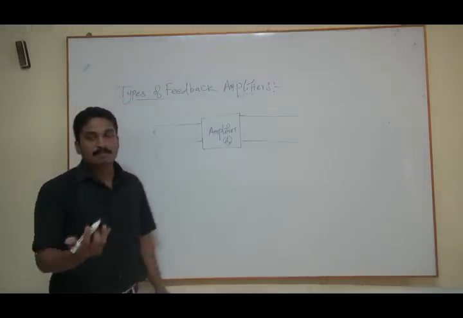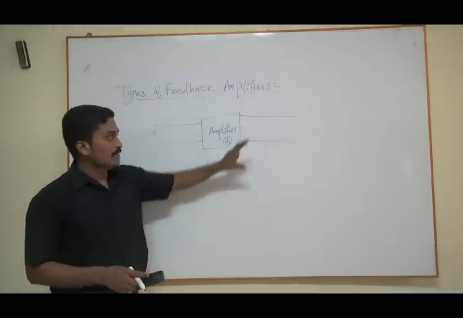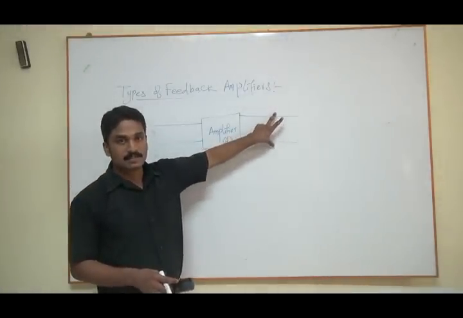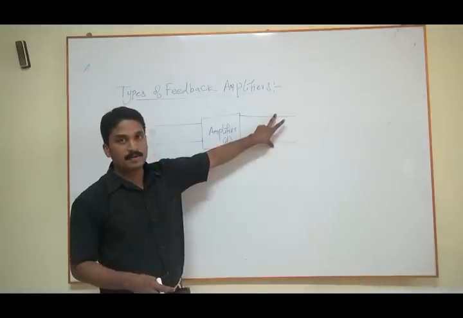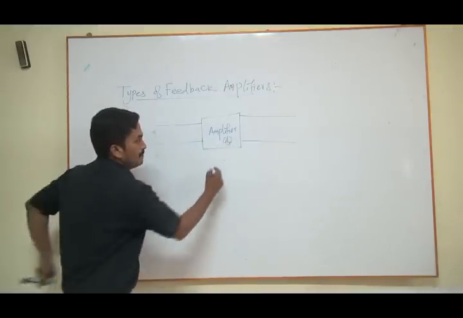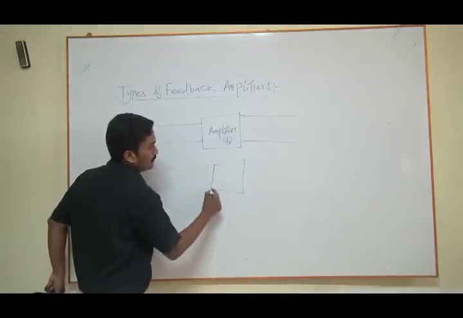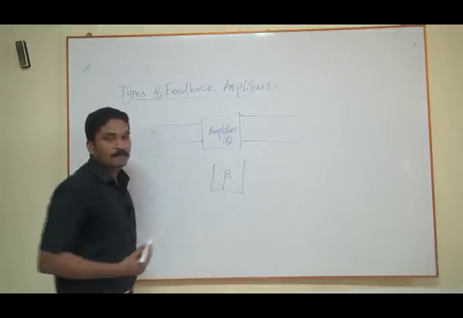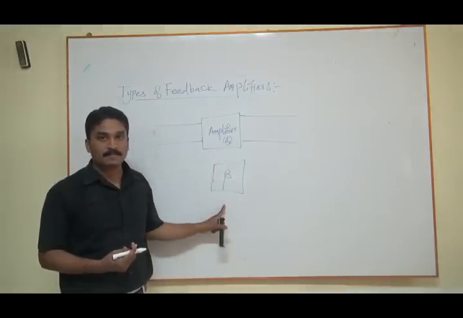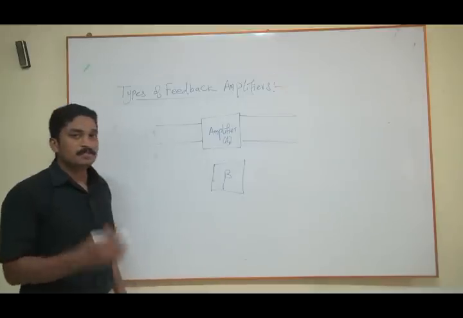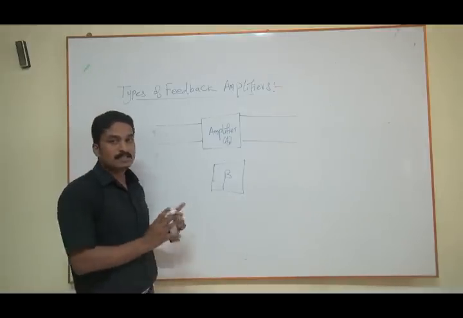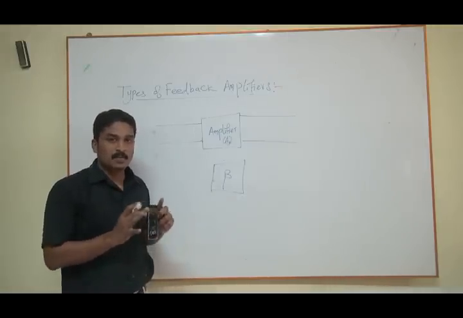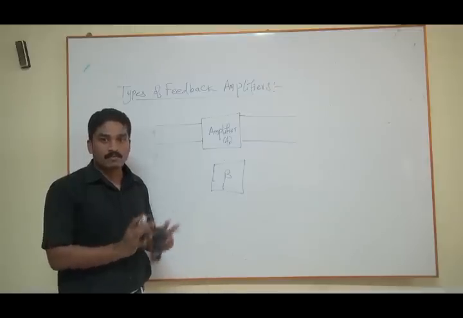And in the first lecture I told you that we have a sampler circuit over here to sample the output signal, and we feed it back to the input side through the feedback network beta, right? And how to sample the signals?